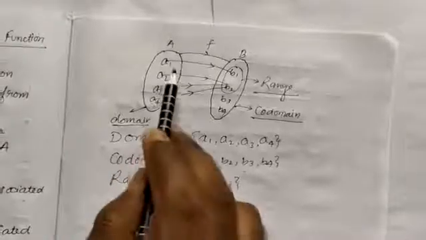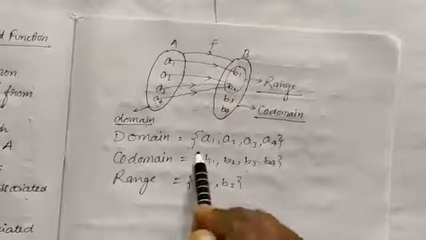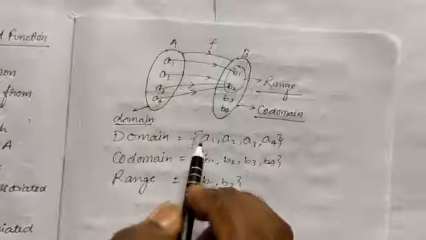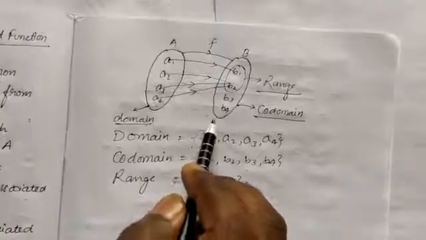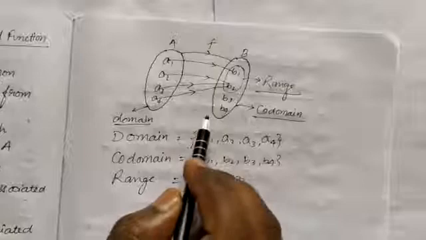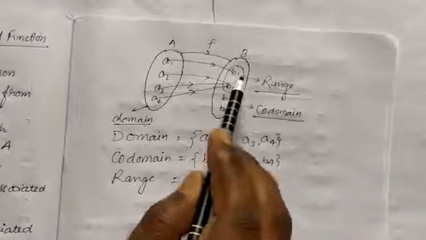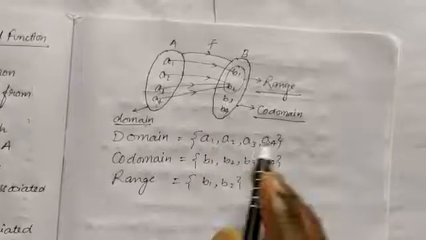In the domain set, A1, A2, A3, A4 are the elements. And the codomain is the set at which the correspondence is completed. B1, B2, B3, B4 are the elements of the codomain.